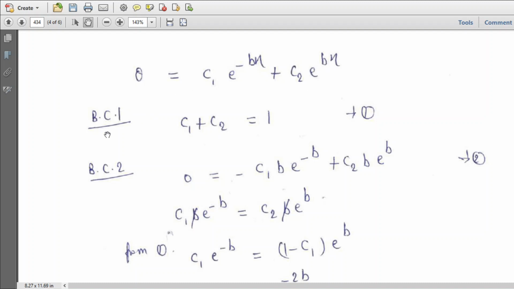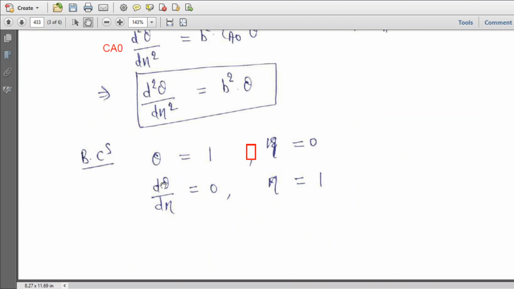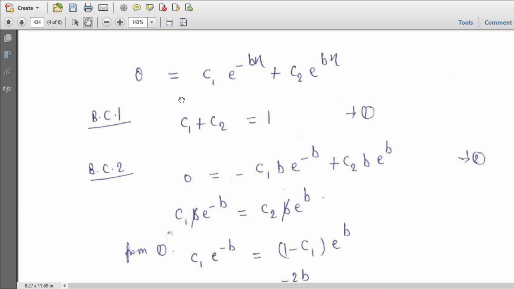Now from the first boundary condition, theta equal to 1 when eta equal to 0, if we substitute eta equal to 0, this term would become 1, and e to the power b eta again will become 1. So you will have c1 plus c2 equal to 1.